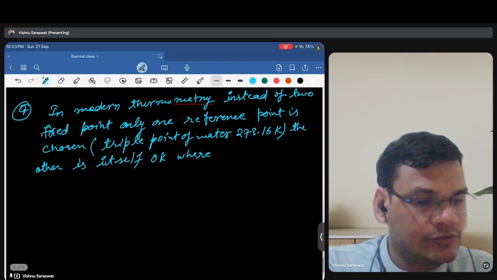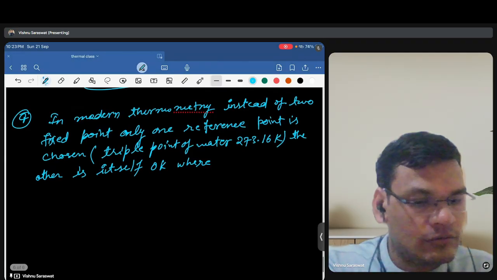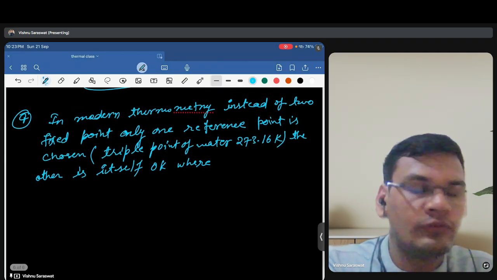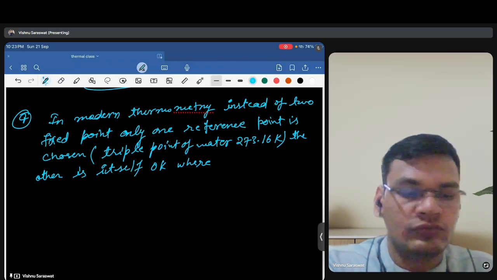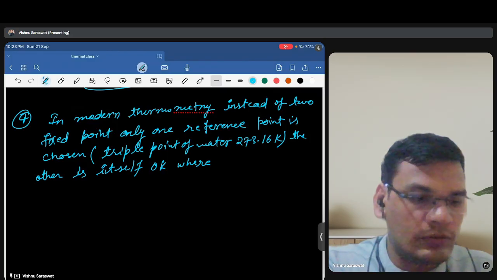I think you got it till now. In modern thermometry, instead of two fixed points, only one reference point is chosen. The triple point of water is 273.16 Kelvin.